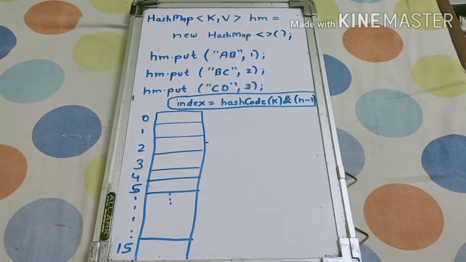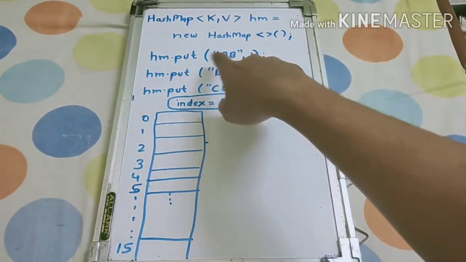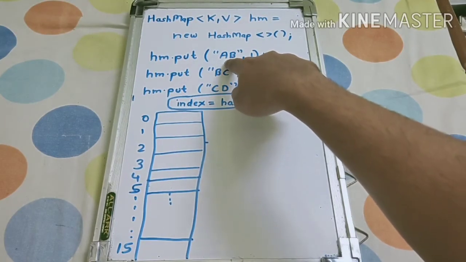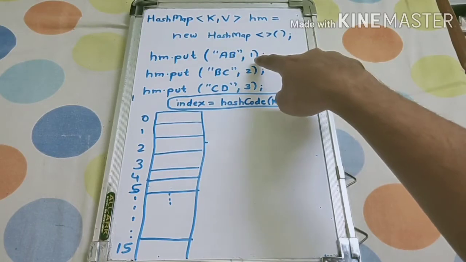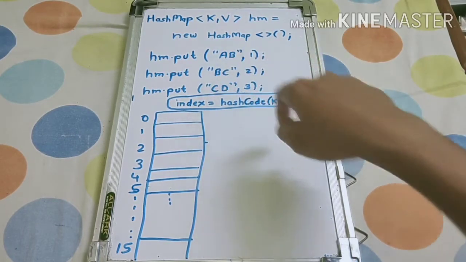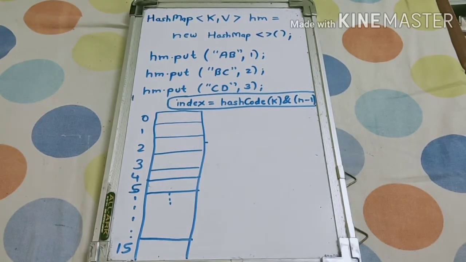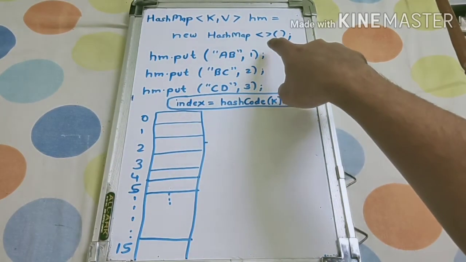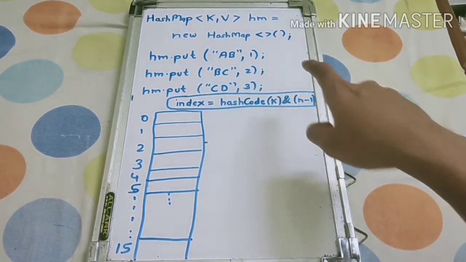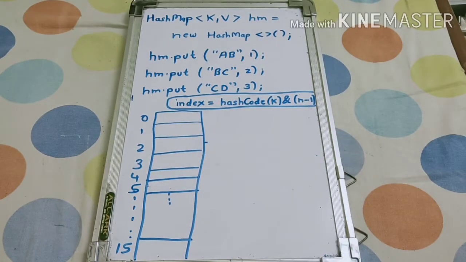In the first parameter the key is a String, and the value is an Integer. So when the hash map puts these keys and values, how do things happen internally? That we will see next.